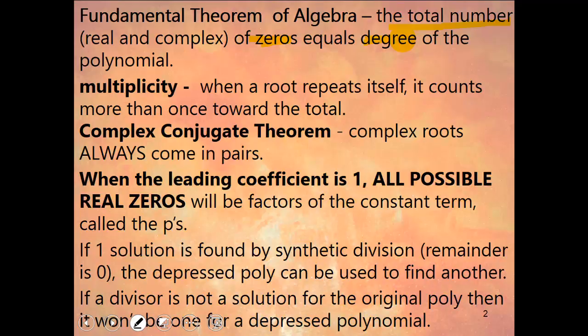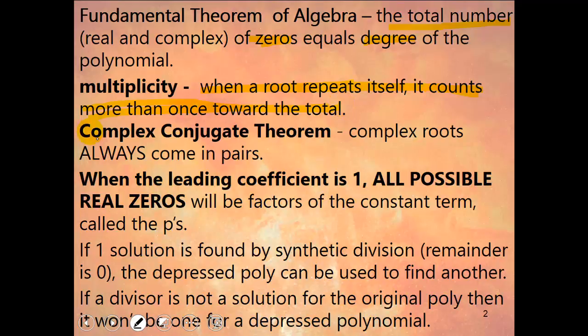Multiplicity is a term that mathematicians use when a root repeats itself, and it goes into the count. So if during the synthetic division process, you find a value that gives you a 0 remainder, that's a root. Go ahead and check it again to see if it has multiplicity.